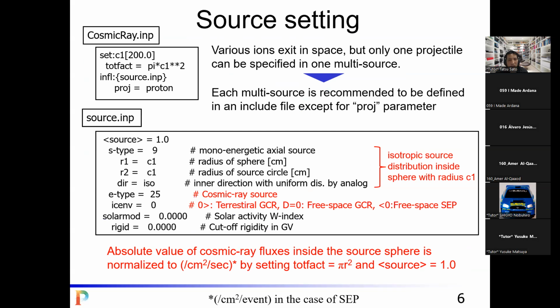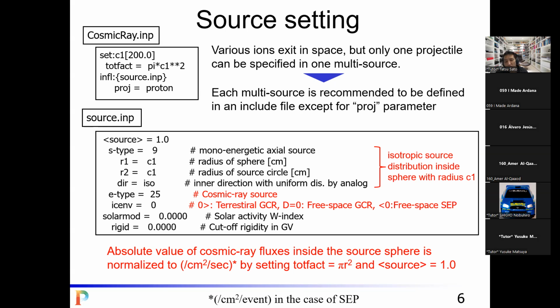Then the direction should be set to isop, the isotropic source. And E-type equal to 25 indicates a cosmic ray source. 25 and 26 are both cosmic ray sources, but 25 is the actual number of cosmic rays generated in each beam.